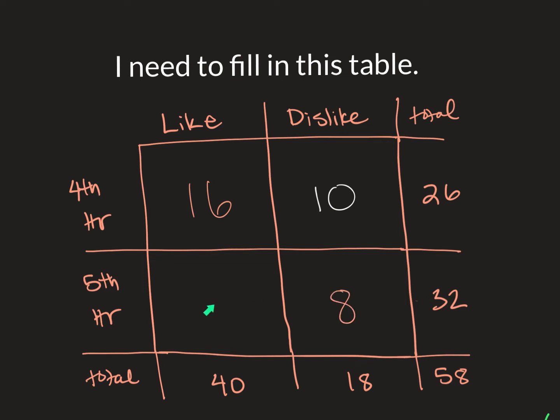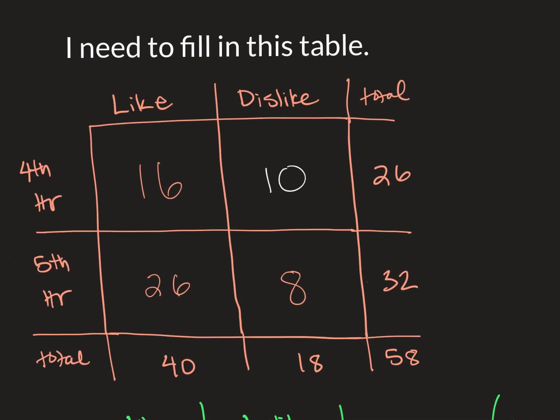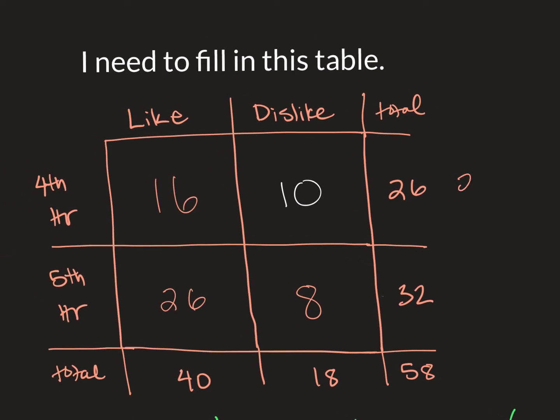And voila, I also don't have a choice here because this one has to get me to 32 or this one has to get me to 40. I have to put 26 here. So in a 2x2 table, I have degrees of freedom of 1.